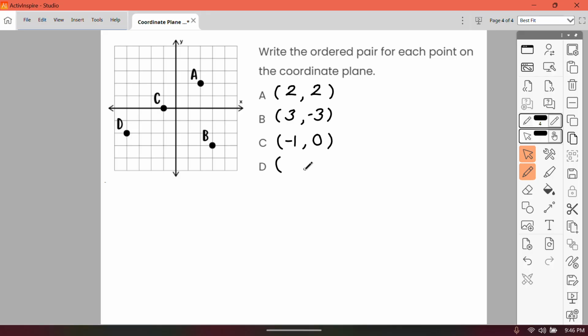And then for the last one, point D is left 4. So that's -1, -2, -3, -4. And then down 2 spaces, -1, -2. So my coordinates are -4, -2.